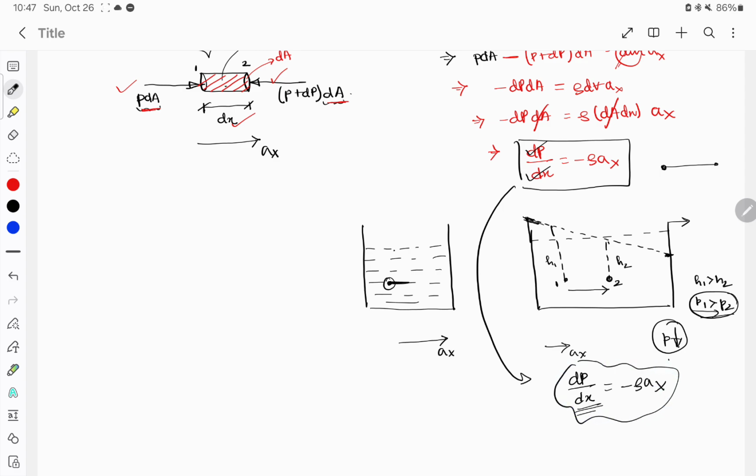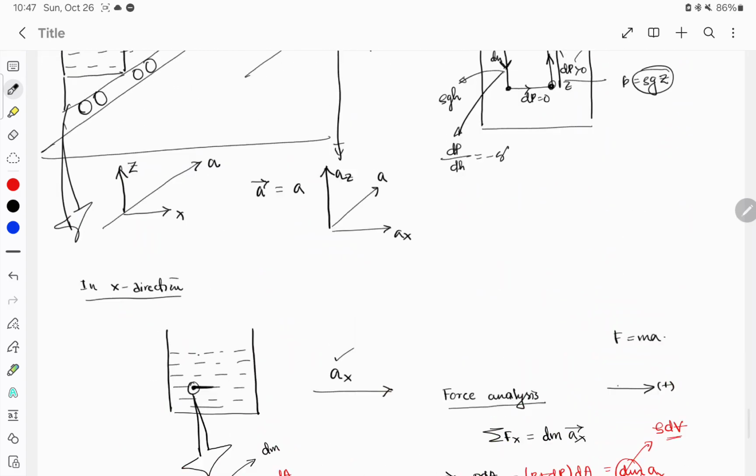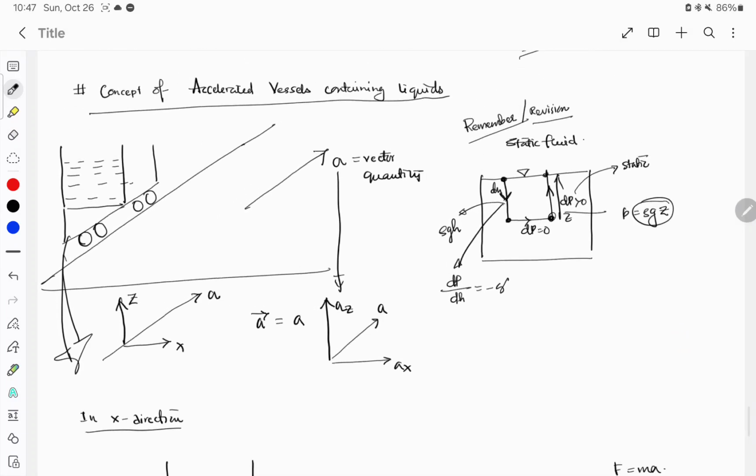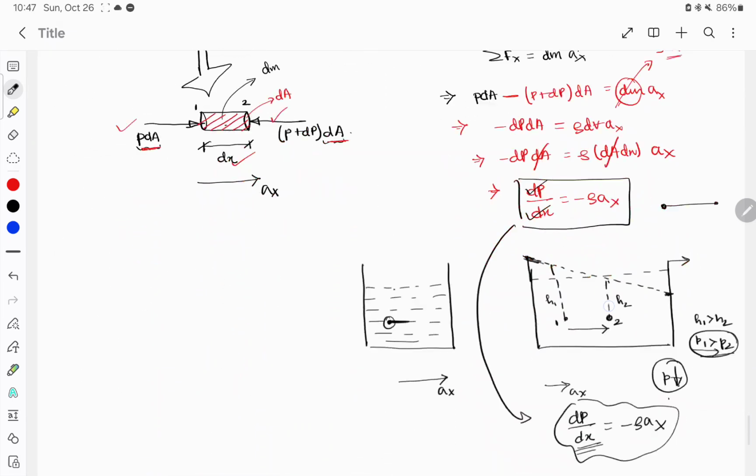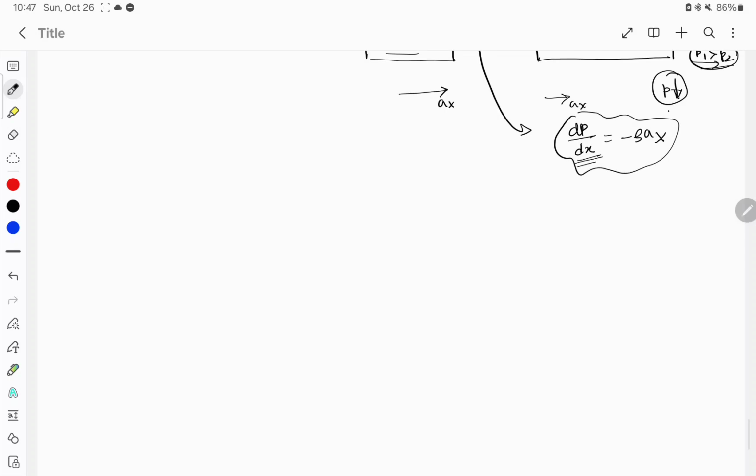So this is my formula in the x direction, but it's not over, because the acceleration was in the inclined direction, and we have solved it for ax. Now we have to solve it for az. Then we will combine the two, and the final expression of the change of pressure due to acceleration will come out. Okay, so this is say like 1.